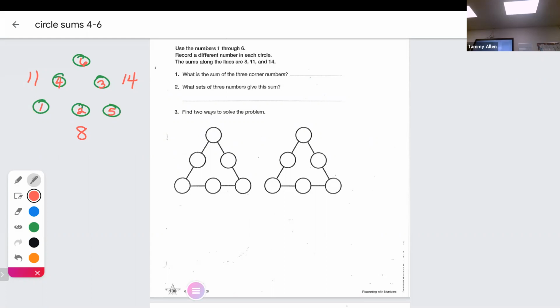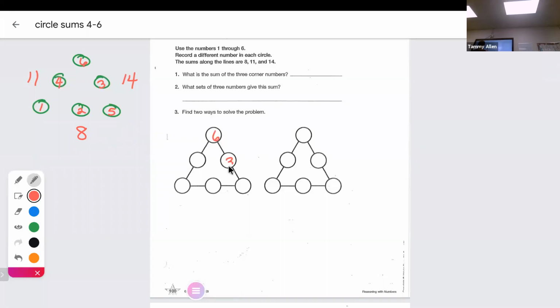But that was a different approach than what we did last week, right? The different approach was find a combination for one side, rather than just randomly throw things down and keep moving around. Will you always find it on the first try?